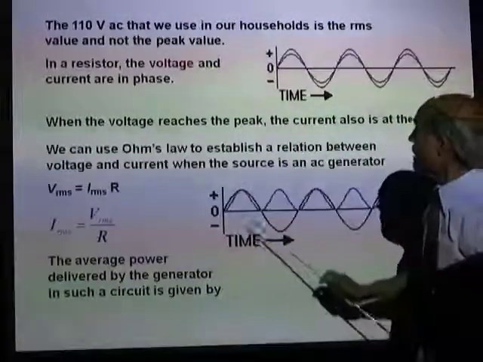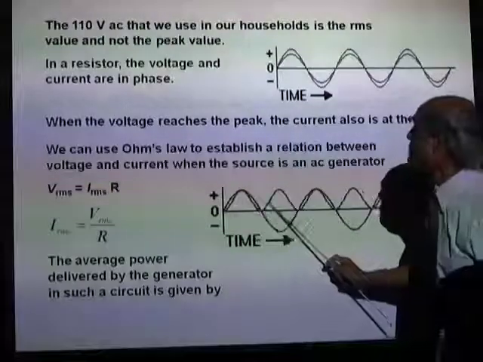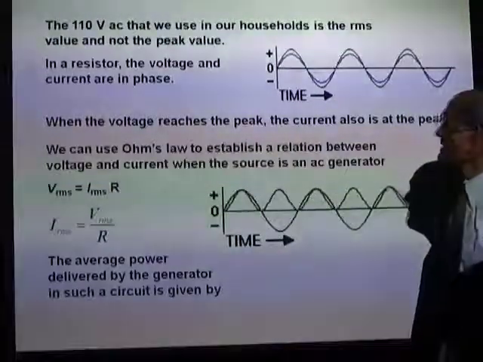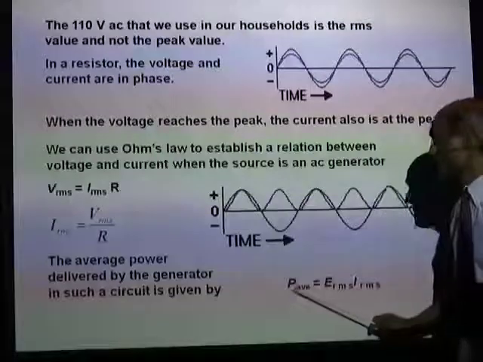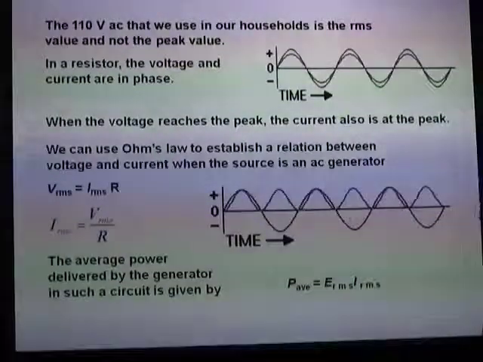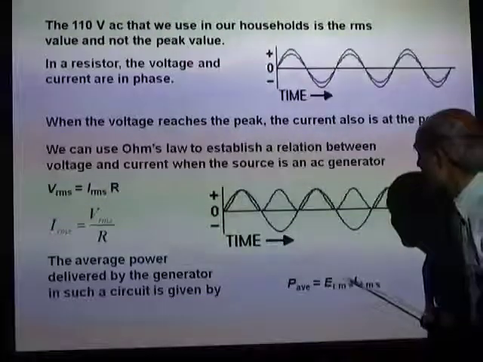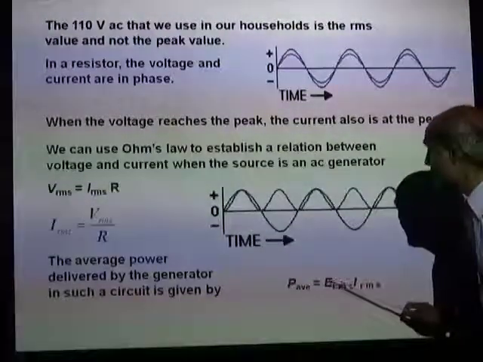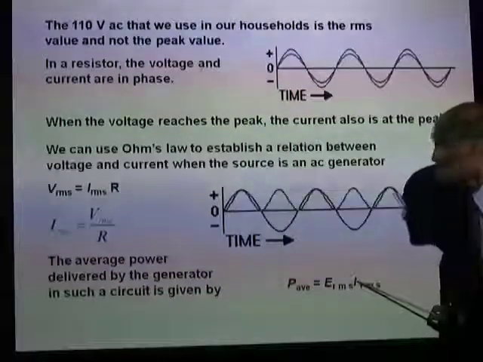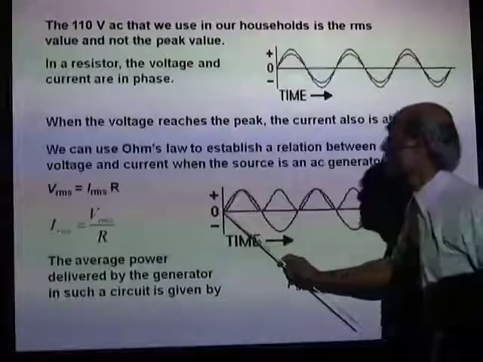The average power will always be positive. Is that right? Because the average power is E RMS multiplied by I RMS. Because E and I are in phase, when E is negative, I also is negative, so the product will be positive.